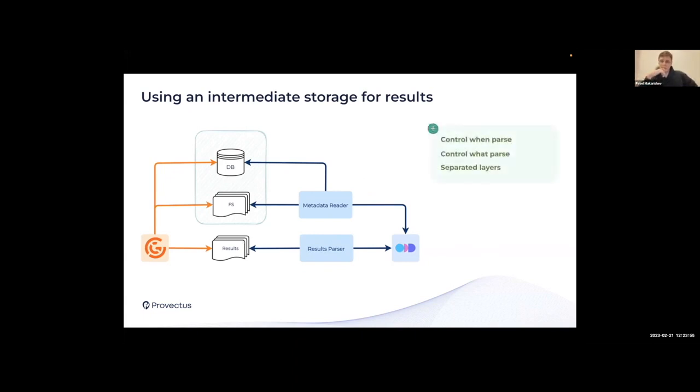That approach has some pros and cons, and to the pros, I would add that when we have a service like that, we can control what and when we parse. For example, we can run that service by cron or by a scheduler, and we can add some filters or caches.